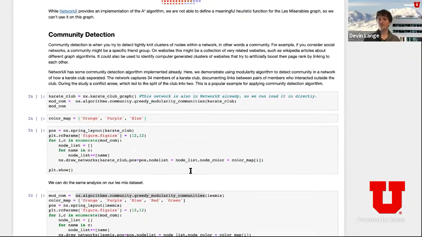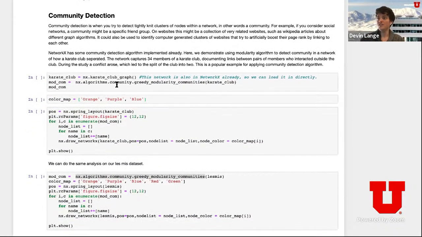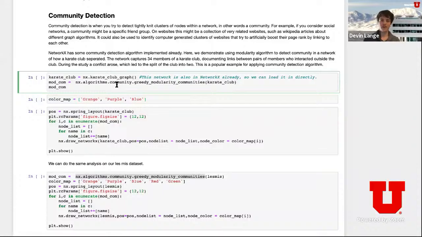Moving on from path detection, we can look at community detection, which is finding clusters or groups of connected nodes within a network. It's important to note that this is like clustering a scatter plot.